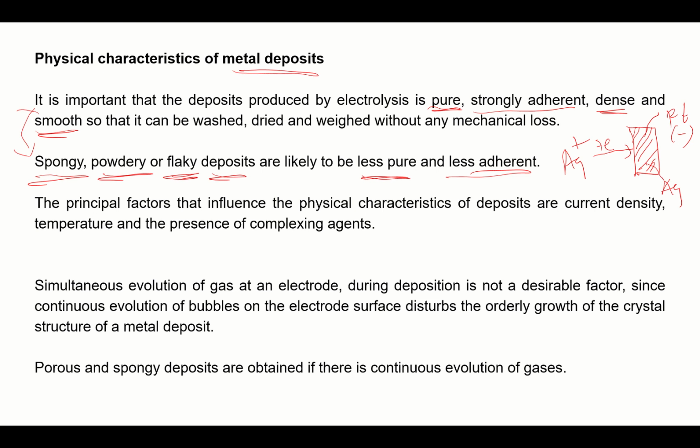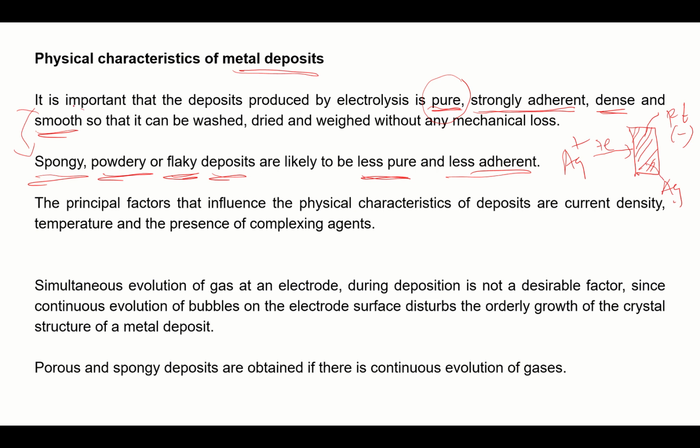If you produce a very smooth film of silver, most likely it will be very pure, 100% silver metal formed on the platinum, and the coating of silver is strongly adhered to the platinum surface, the cathode.